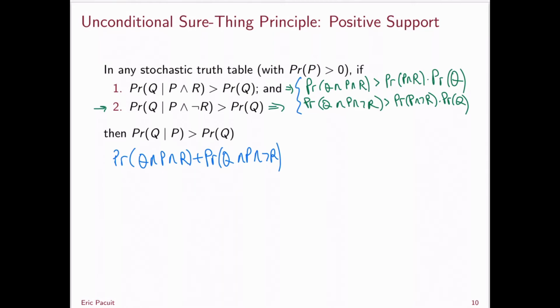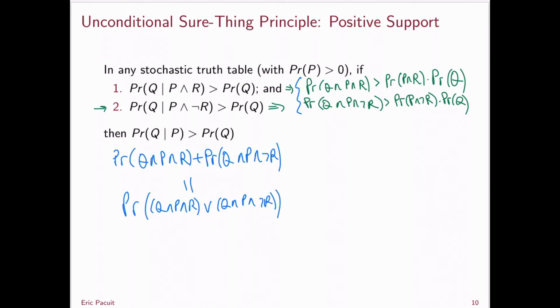So the sum of these two probabilities is equal to the probability of their disjunction. So it's the probability of Q and P and R disjunction with Q and P and not R.